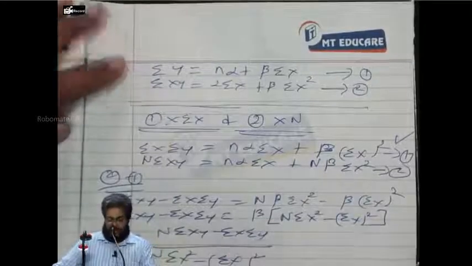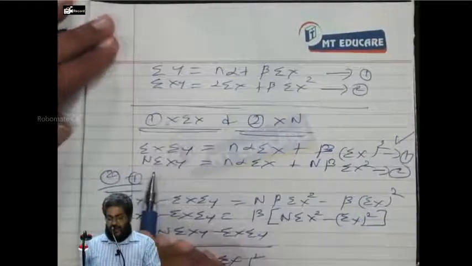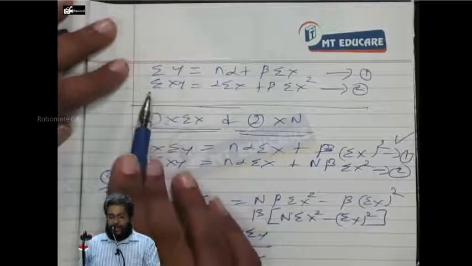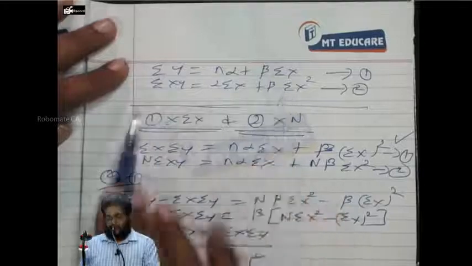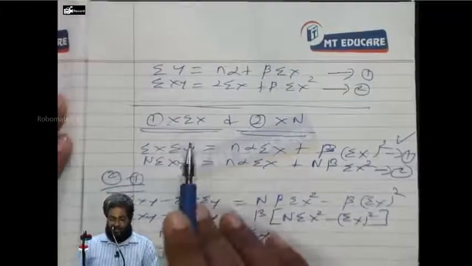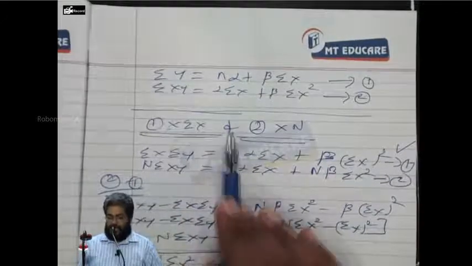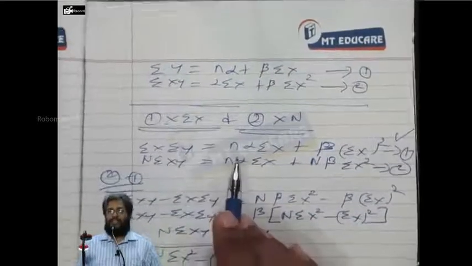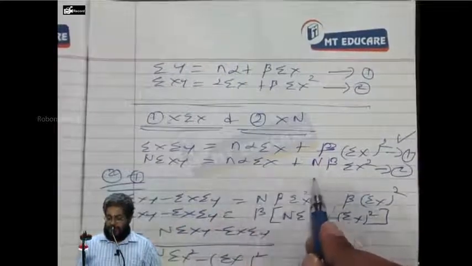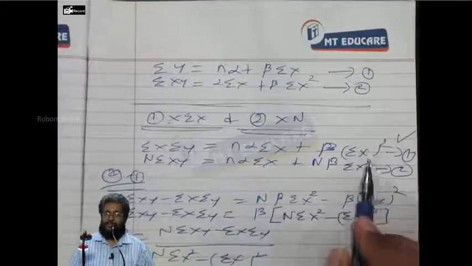Next equation: n sigma xy. I am multiplying n on both sides of the second equation. N sigma xy is equal to n alpha sigma x plus n beta sigma x square.